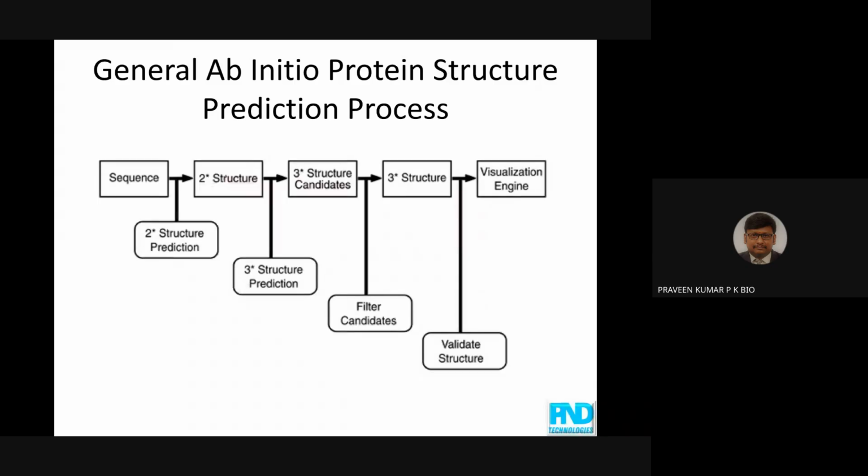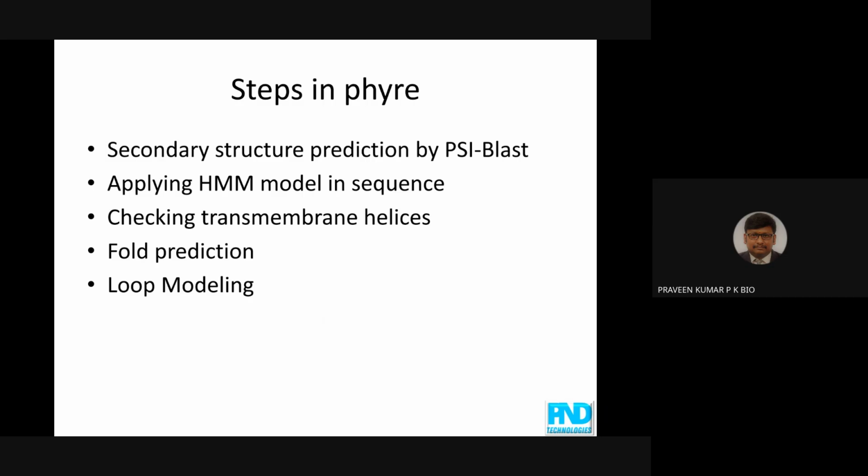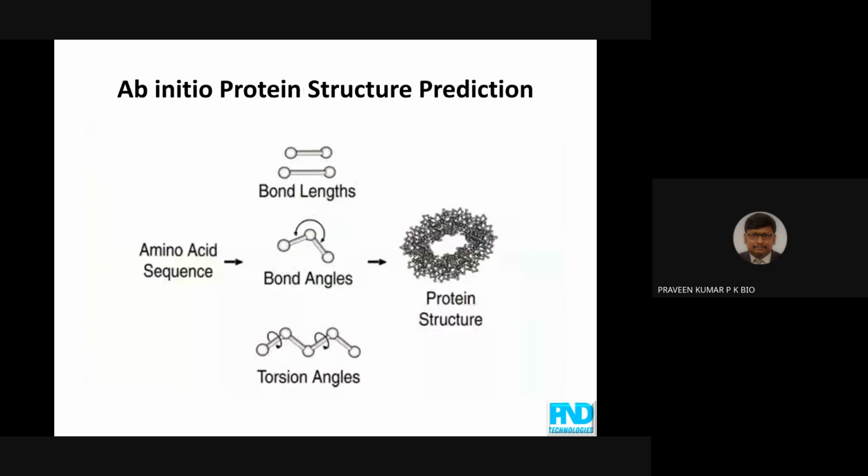Even threading predicts from only the primary amino acid sequence, but it predicts automatically to a final tertiary or quaternary structure. But in ab initio, we have to initiate from the sequence, the primary structure, and at each and every level you have to do some steps. So this is something about ab initio.